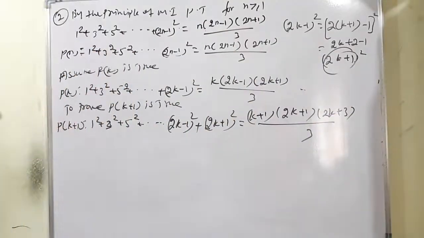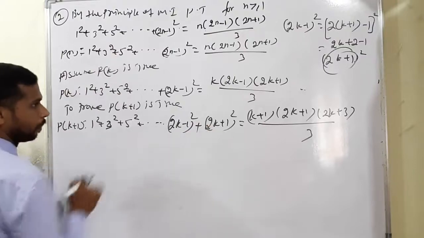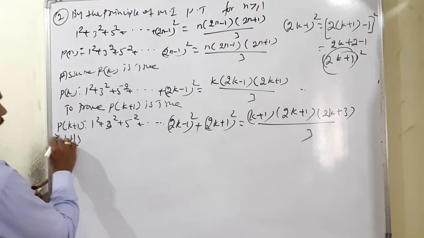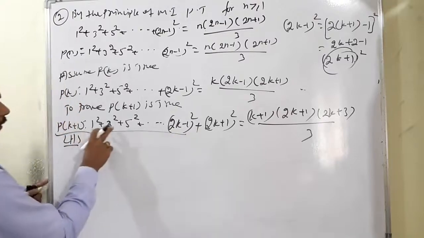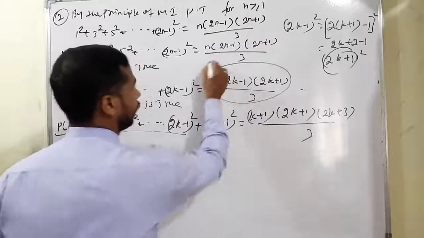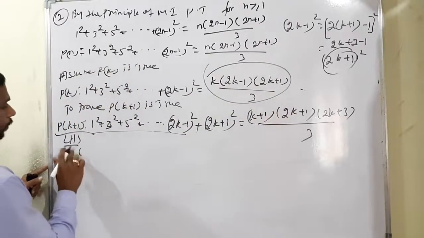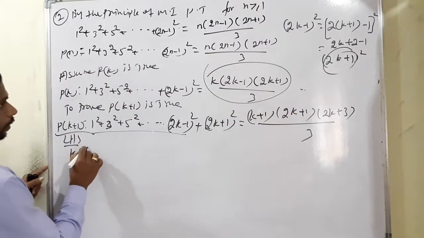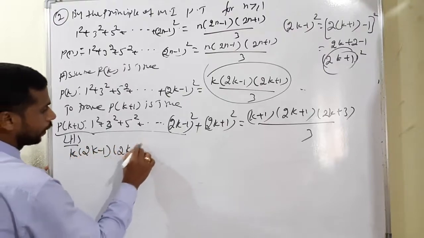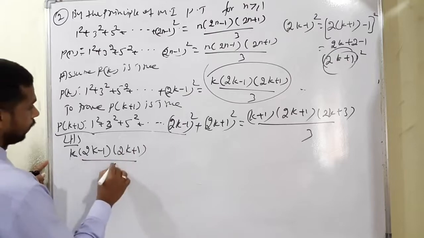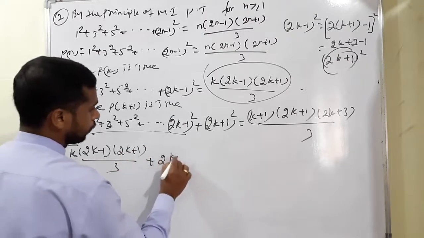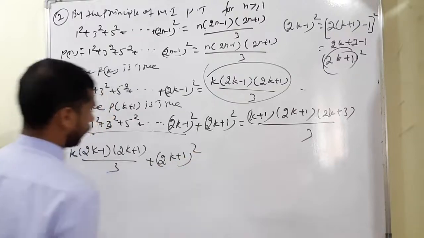Now I am moving to take only the LHS term. So, LHS means look there: 1 square plus 3 square plus 5 square plus dot dot dot plus (2k minus 1) the whole square means k into (2k minus 1) into (2k plus 1) divided by 3, plus (2k plus 1) the whole square.